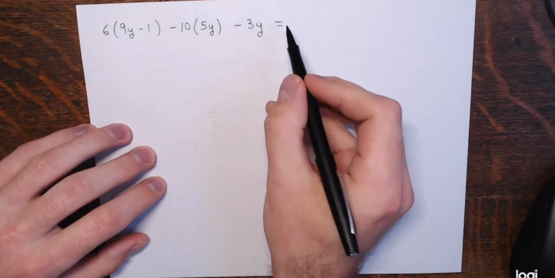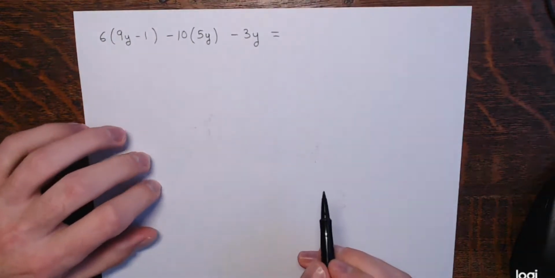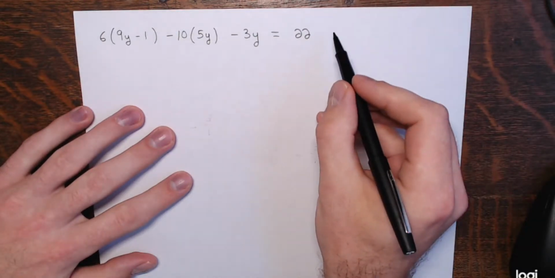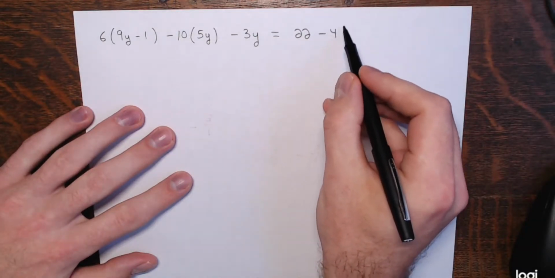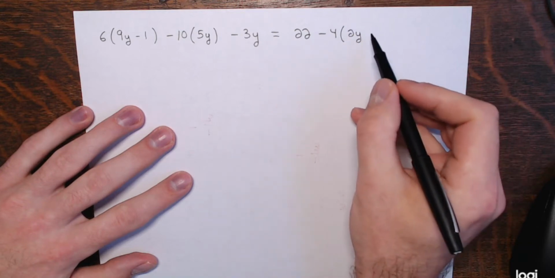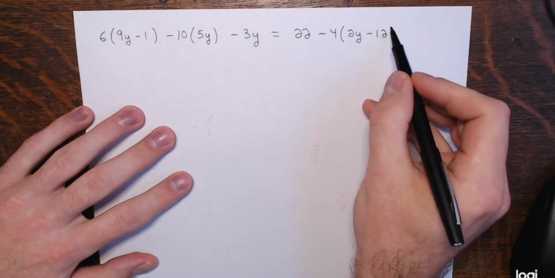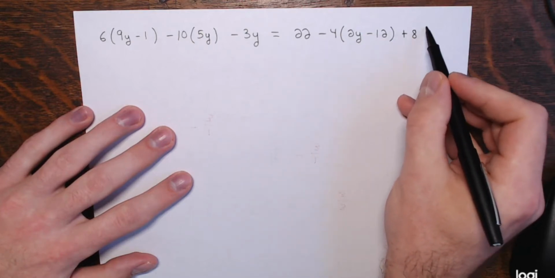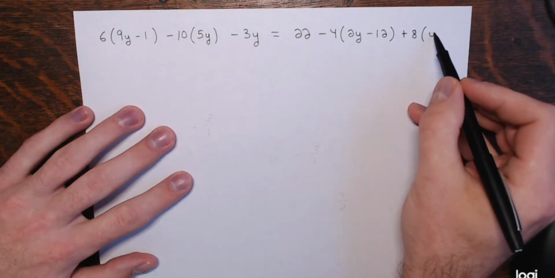Wow. Alright, on the right side we have 22, then minus 4 times the quantity 2y minus 12, then plus 8 times the quantity y minus 6.